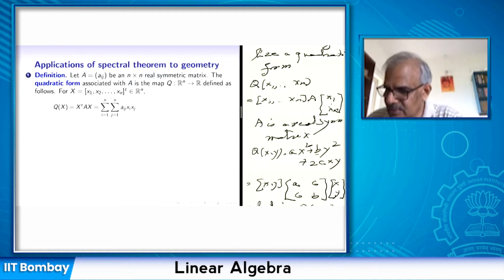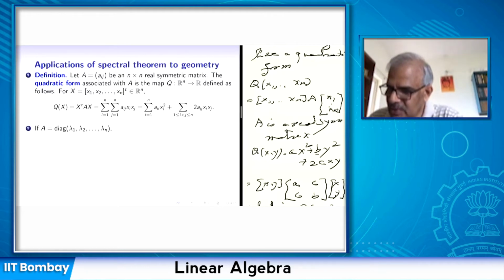Now this is the summation of a_ij x_i x_j. If you multiply these three matrices, you will get this. The i equal to j terms will give you x_i², and when i is not equal to j, I get these mixed terms. So that is the definition of quadratic form defined on Rⁿ.